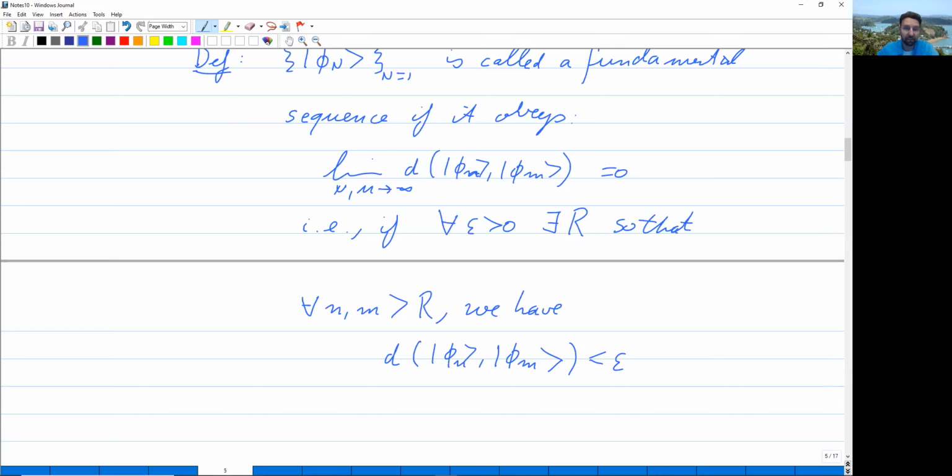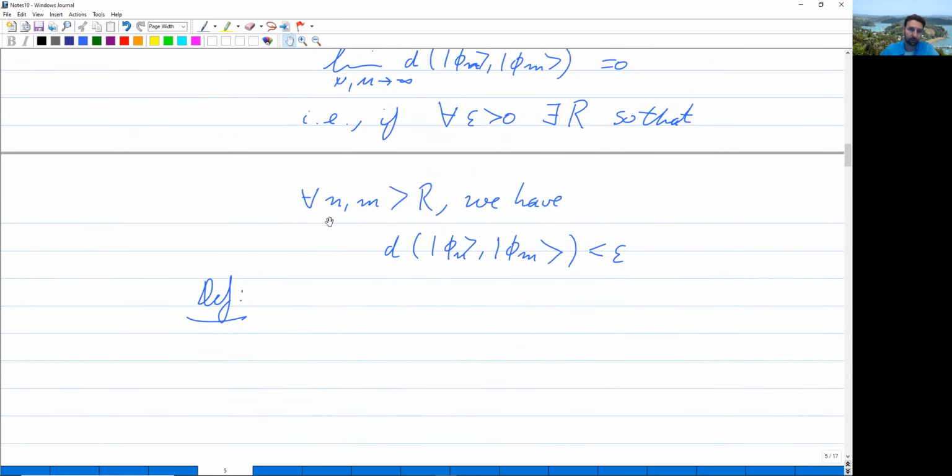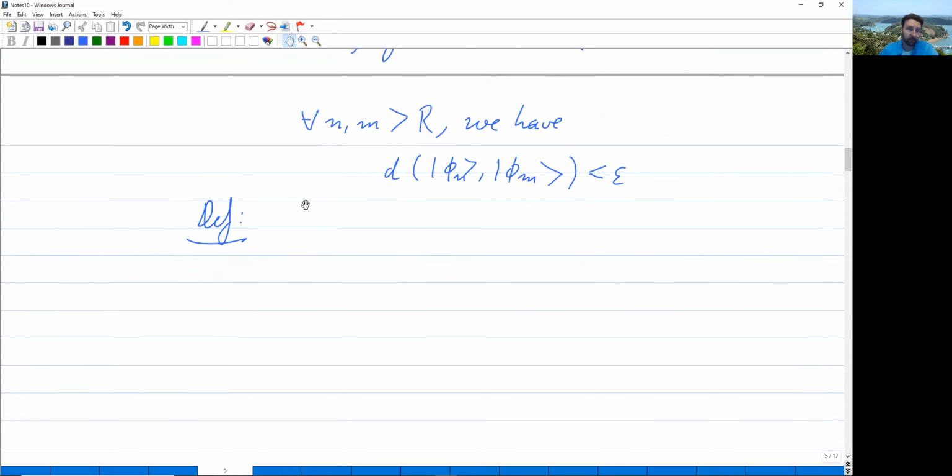But it's not trivial that in your pre-Hilbert space, such sequences actually have a vector towards which they can converge. If we've constructed our Hilbert space well, then all these so-called fundamental sequences, also called Cauchy sequences, actually converge towards a vector in our space.